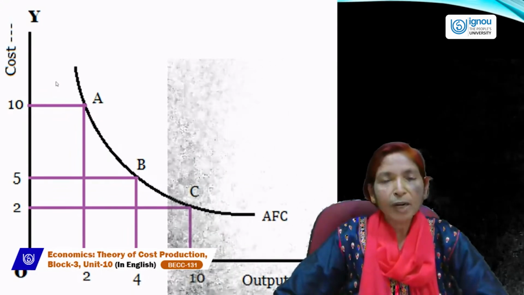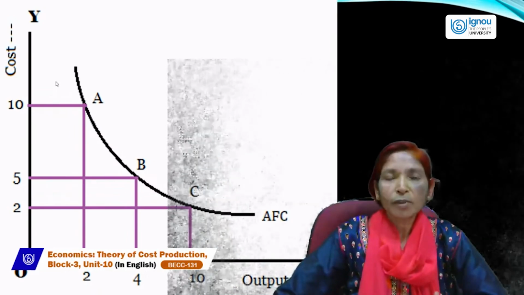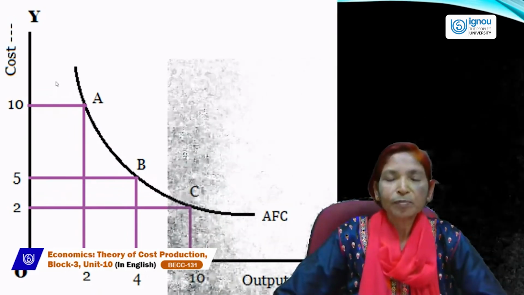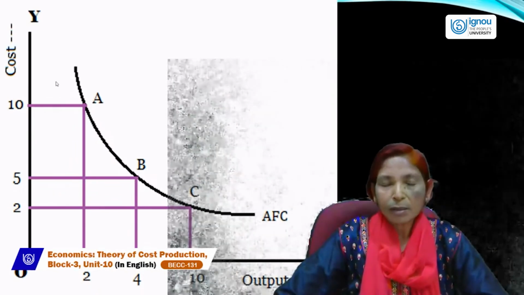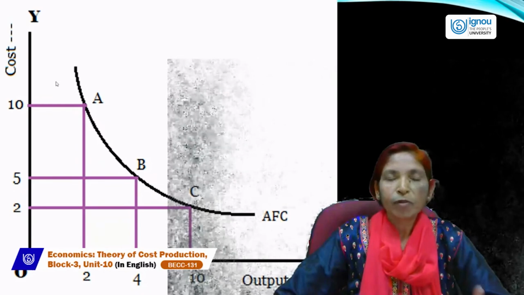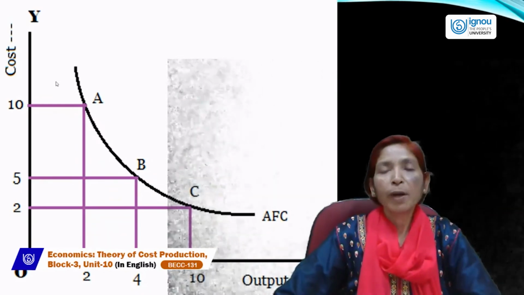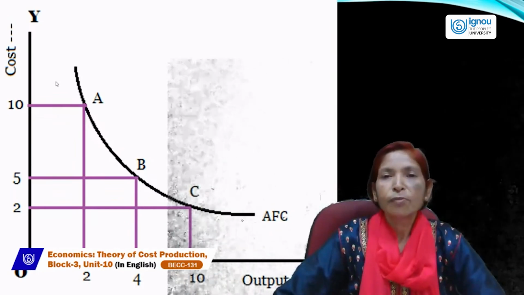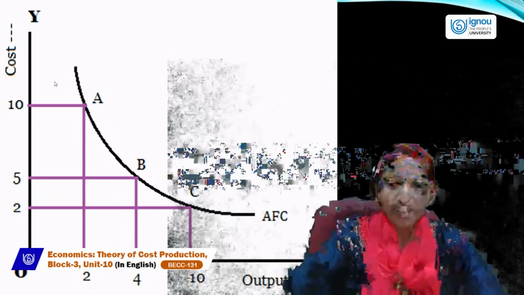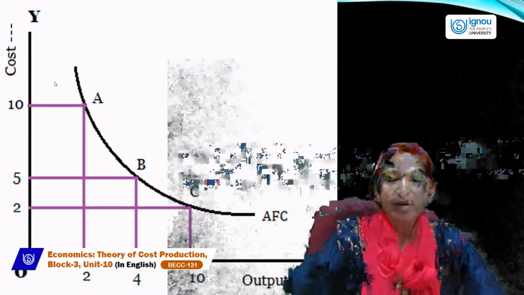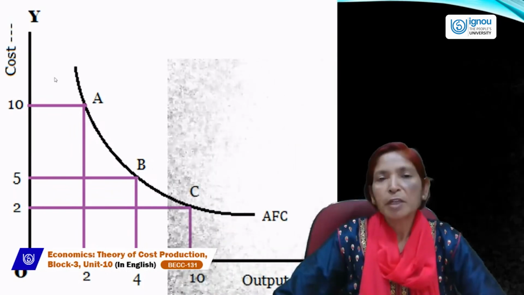So why is the AFC curve always downward sloping instead of a U-shaped curve or another type of curve? You know that TFC always remains constant or horizontal. Either we produce more goods or less. And AFC is the per unit cost of fixed factors. When we calculate it by dividing TFC by Q, it will always diminish.